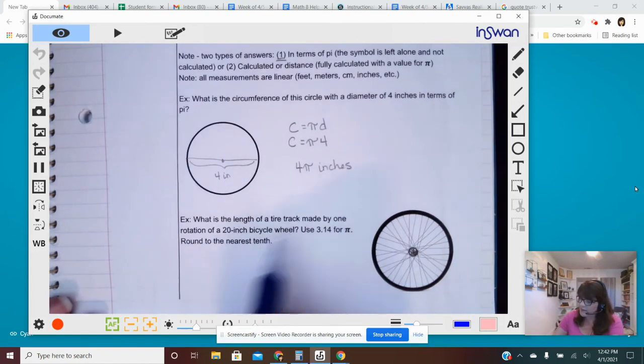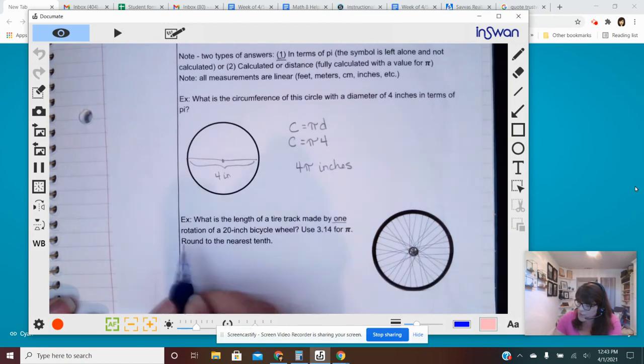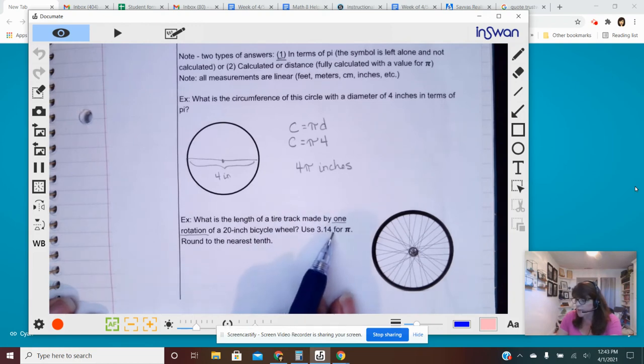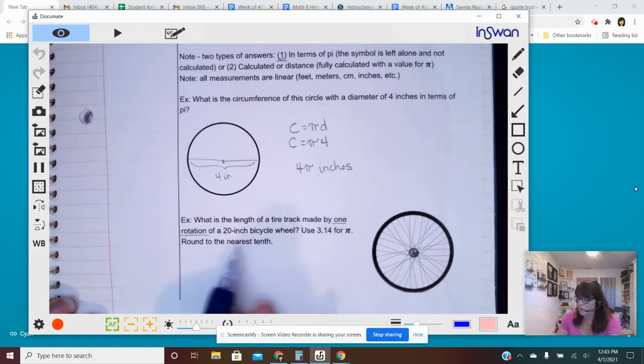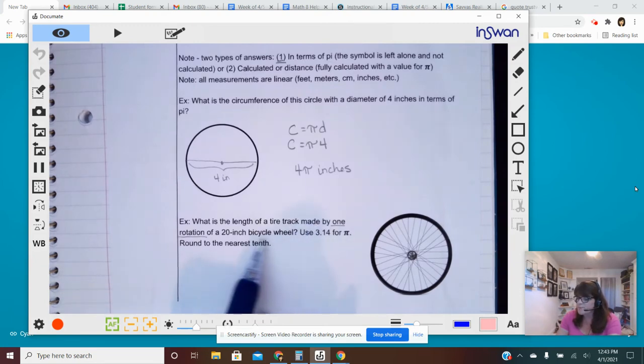What is the length of a tire track made by one rotation of a 20-inch bicycle wheel? Use 3.14 for pi, round to the nearest tenth. So you guys are going to really need to, I do too, I just have more experience at it, read the details of the questions.